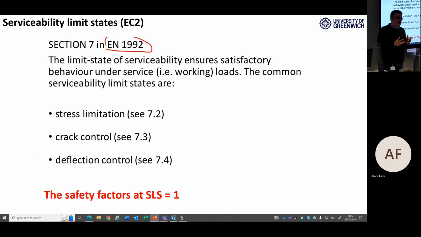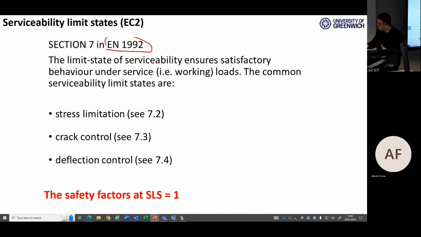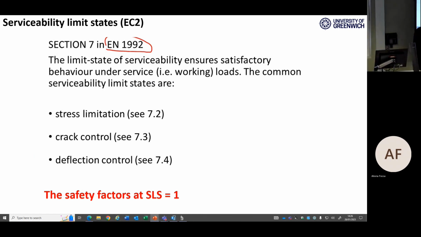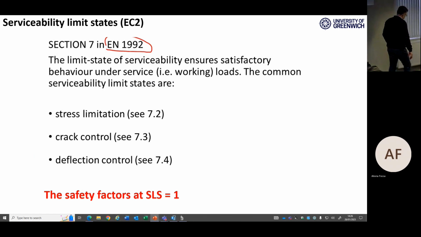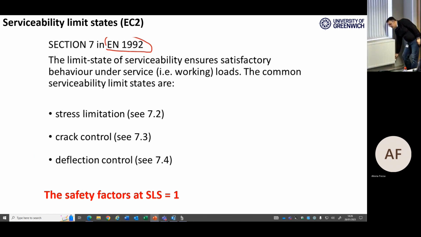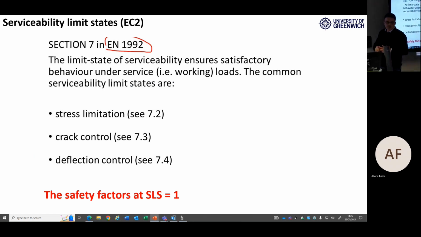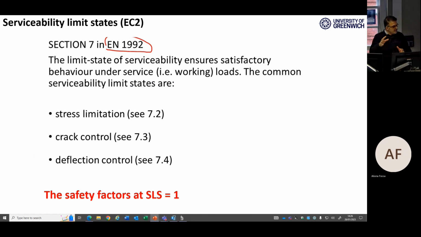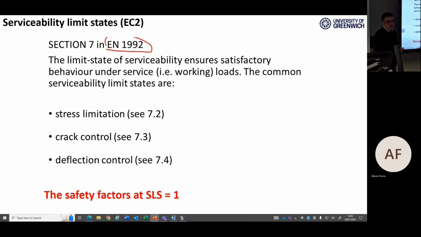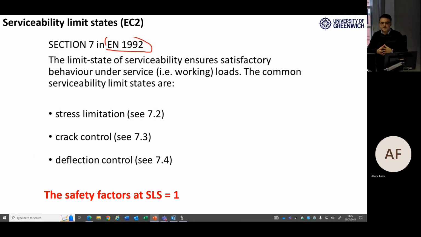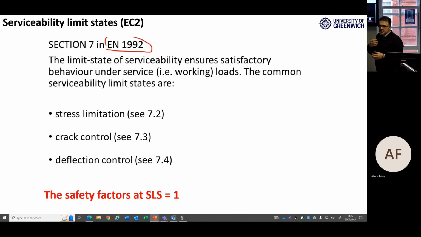Just to make it simpler, you remember the load combinations we worked with along the whole term. We had some combination of different loads, didn't we? For example, 1.35 multiplied by dead load plus 1.5 multiplied by live load. Do you remember? That's called the load combination for the ultimate design.